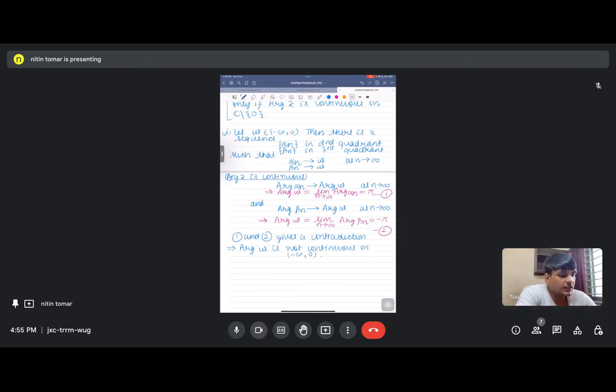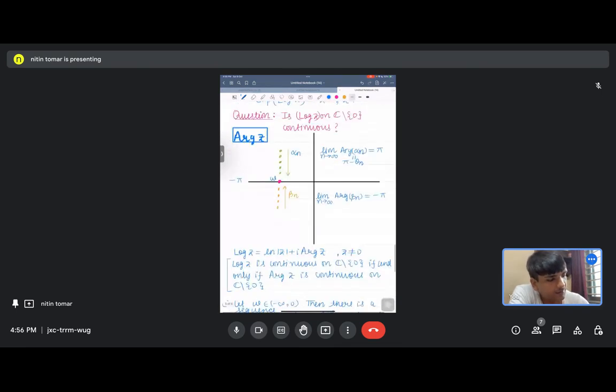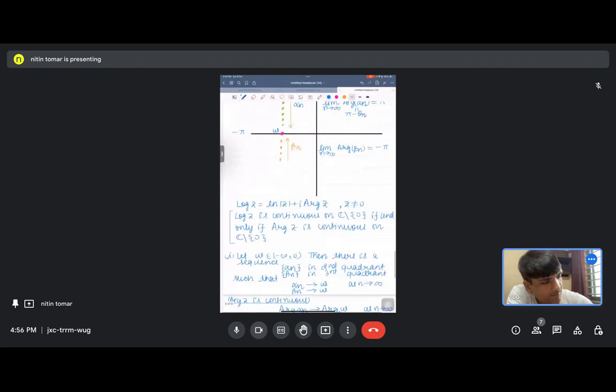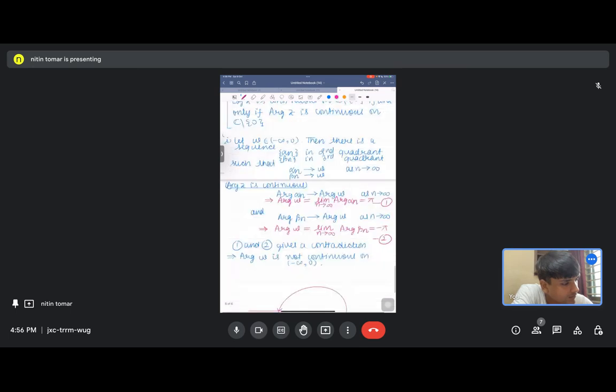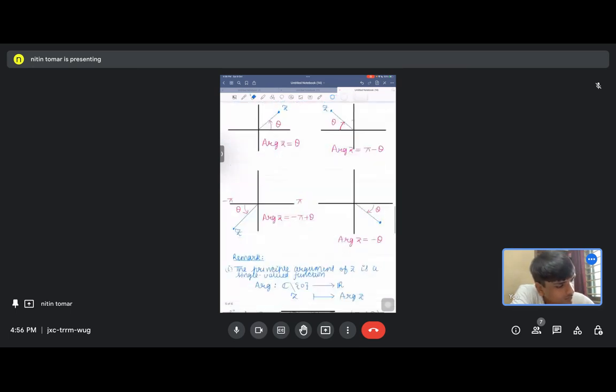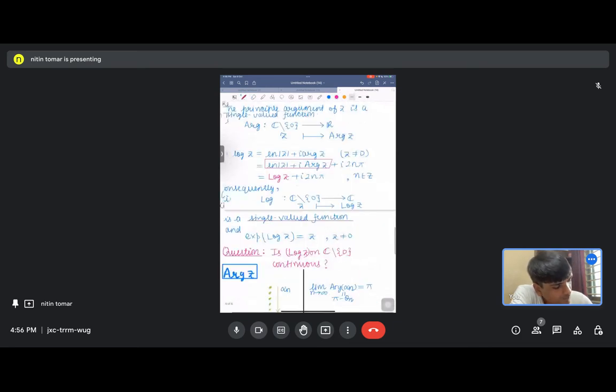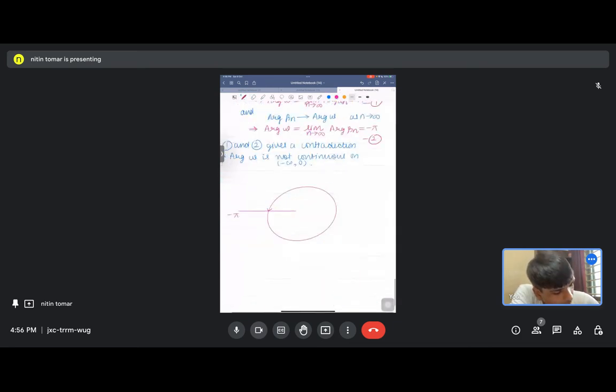Now why did this happen on this line only? Can you tell me? See, you start with minus pi, right? And when you come after a revolution, you will land up as pi here.